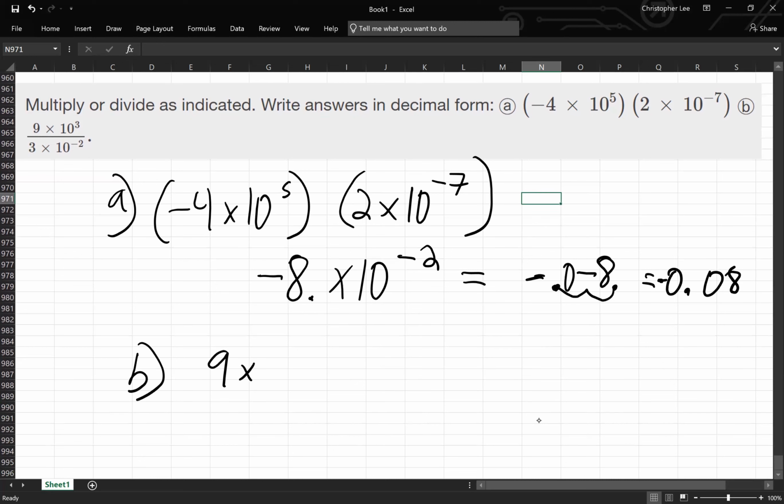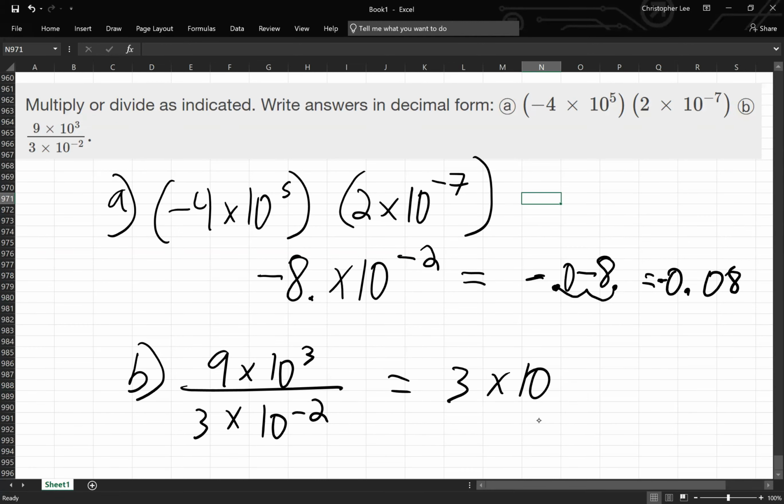I have 9 times 10 to the third power over 3 times 10 to the -2 power. All right. 9 over 3 becomes 3. Good. Times 10 raised to what power? Not 1. What is it?